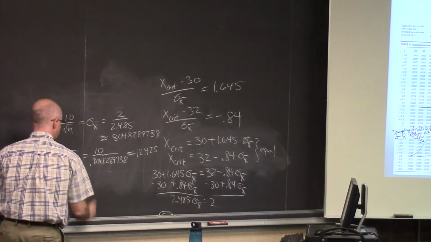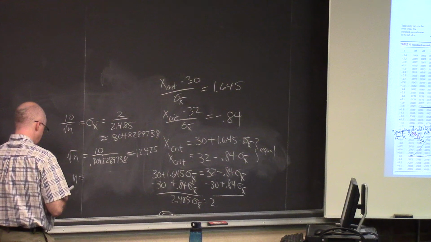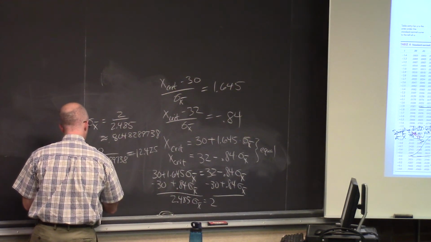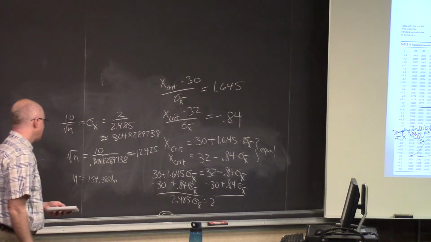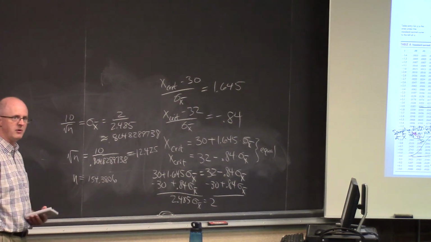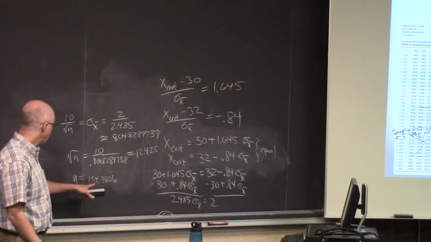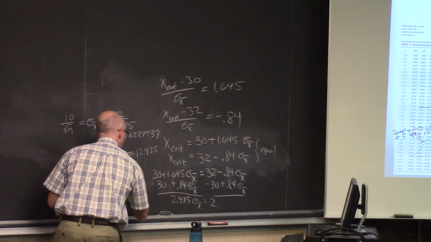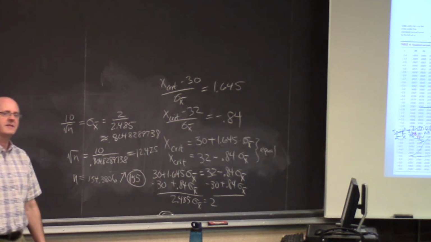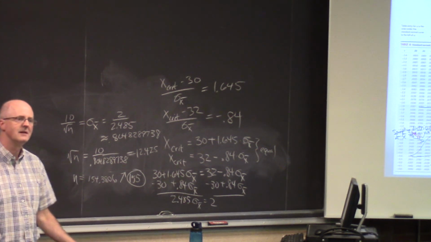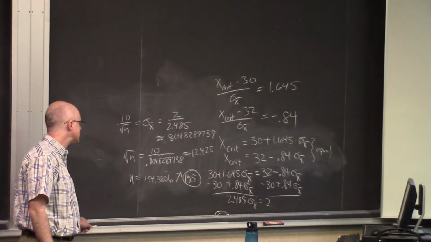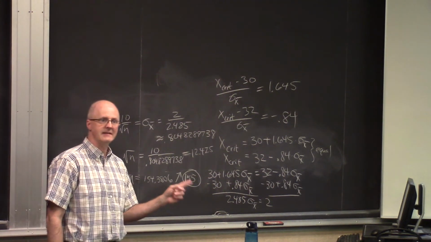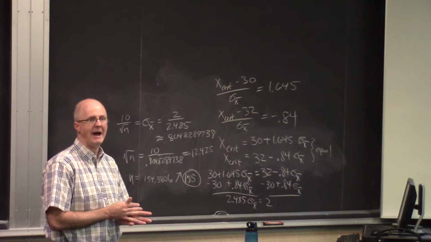Now square both sides. You square this thing, it becomes 154.3806. That's not a whole number. N's supposed to be a whole number, so just round up. Even though this is closer to 154, round it up to 155. That's the minimal value of n that you need. So you need a sample size of at least 155 to guarantee that in this situation you've got at least 80% power.